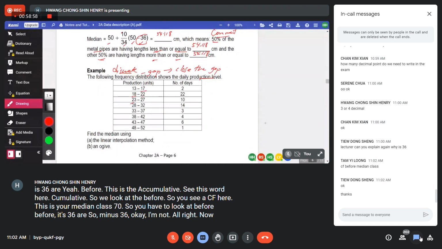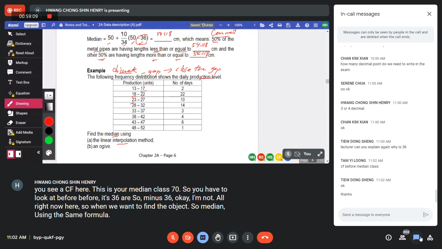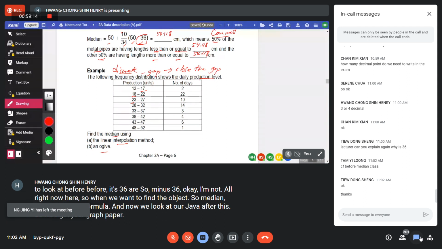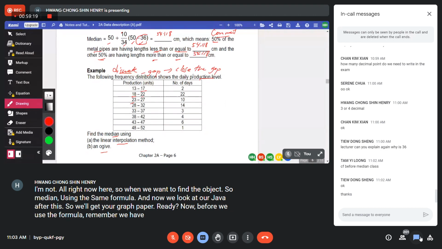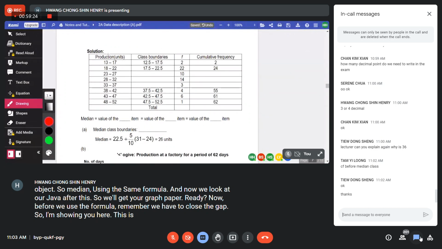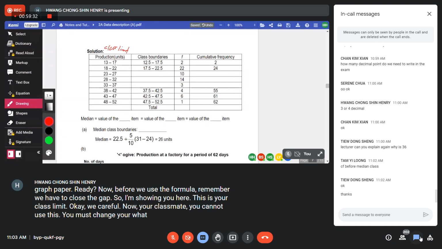All right, now when we want to find the median using the ogive, using the same formula, we look at the ogive after this. So get your graph paper ready. Before we use the formula, remember we have to close the gap. This is your class limit. Be careful, you cannot use this. You must change it by plus minus 0.5.